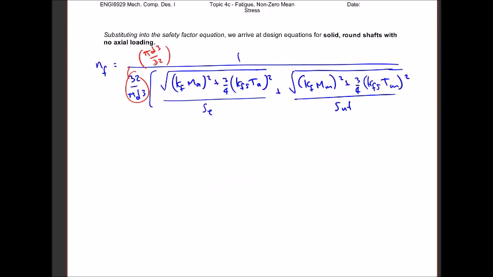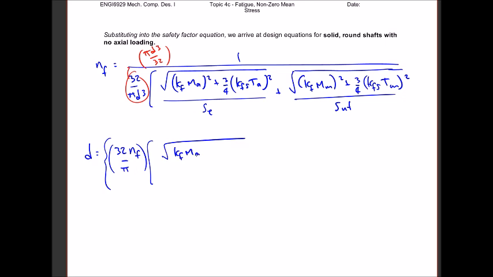D cubed is going to be 32 nf over pi times all this mess on the bottom. So d is going to be the cube root of that. Alright, so we'll write out the final result. d is equal to, giant curly braces, 32 nf over pi, outside of giant square brackets.